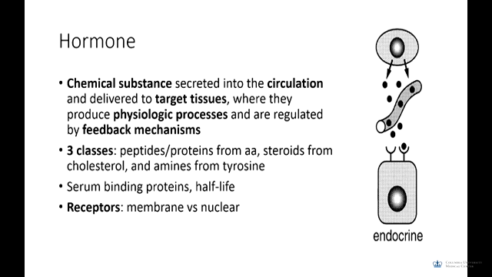And we learned from the thyroid lecture that T4 has a longer half-life than T3 because they bind more tightly to the TBG. And in order to have physiologic processes, hormones have to bind to their receptors. Peptide hormones and catecholamines use membrane-bound receptors, but steroid and thyroid hormones use nuclear receptors.